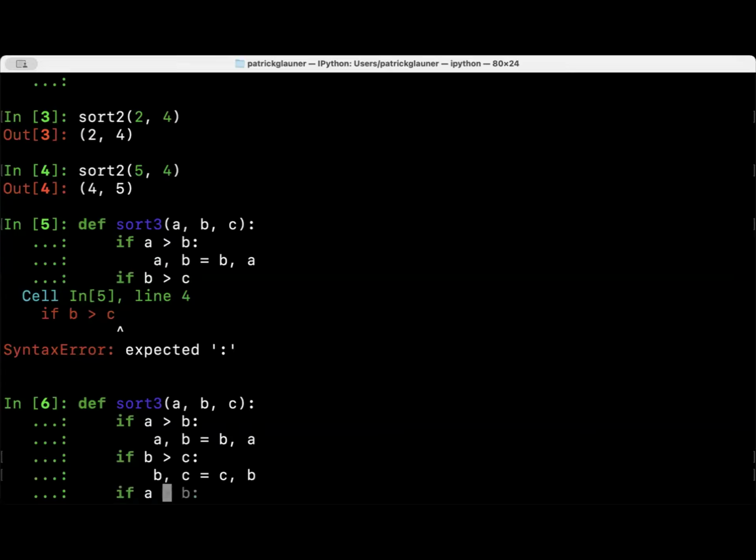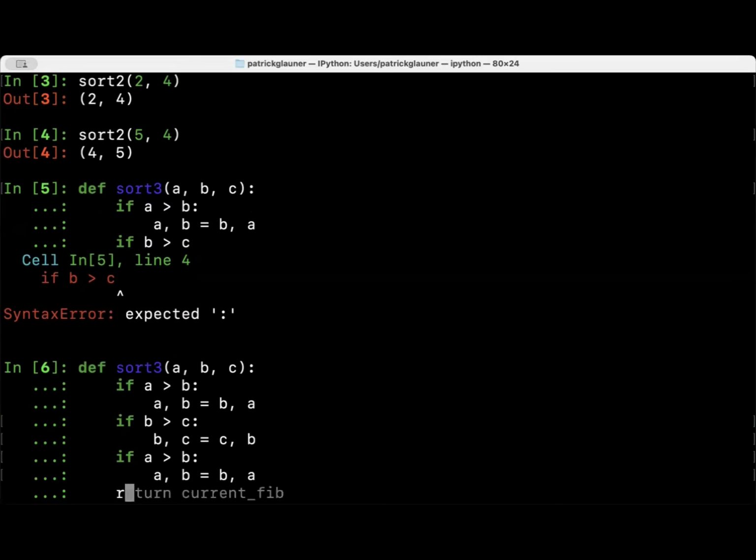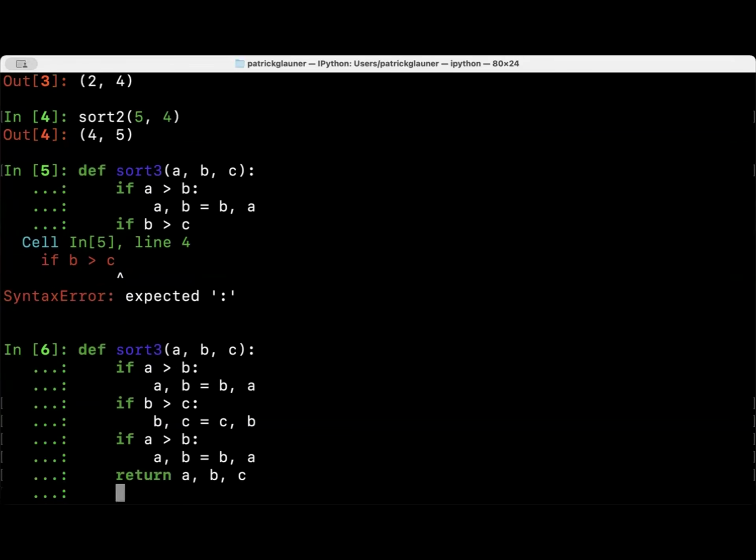So I again need to check if A is greater than B, and if so, AB will be BA, and I can return them in this order, A, B, and C.